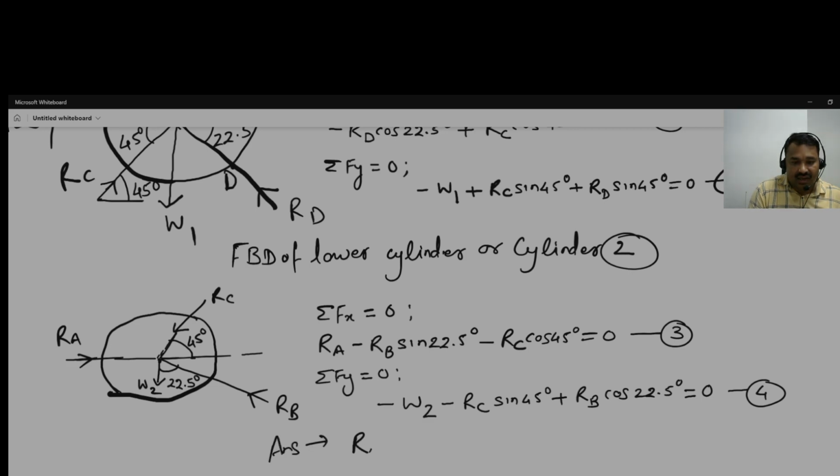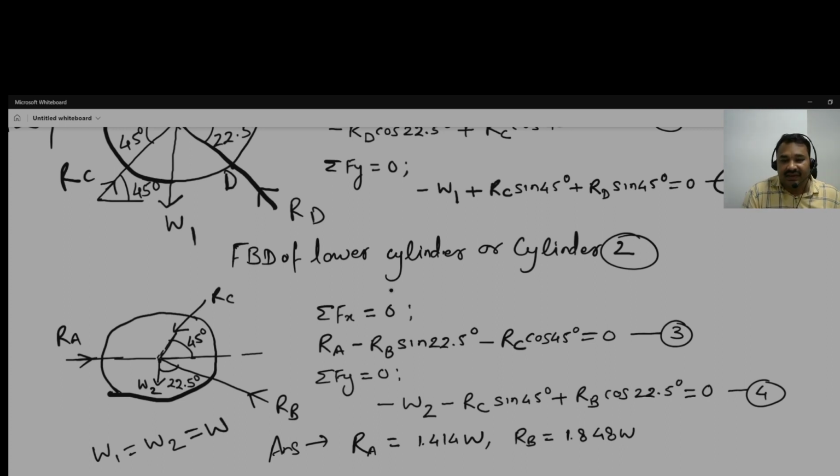We get Ra is equal to 1.41 W, Rb is equal to 1.848 W. One thing I am forgetting here, the weights of both the cylinders are the same, that's why W1 is equal to W2 is equal to W here.